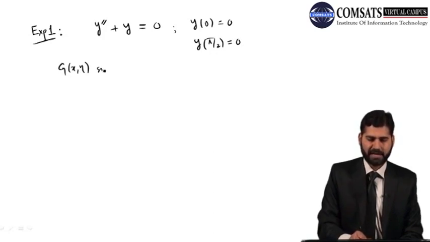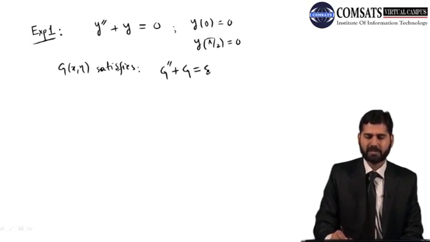So g(x, eta) must satisfy g double prime plus g is equal to delta(x minus eta), right? So this is our equation because the right hand side is replaced by this one.